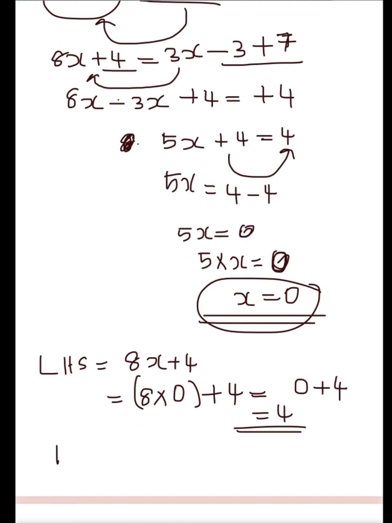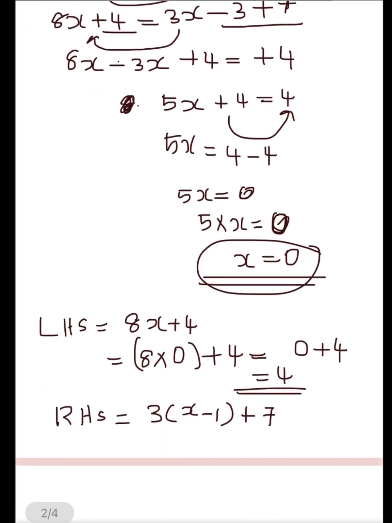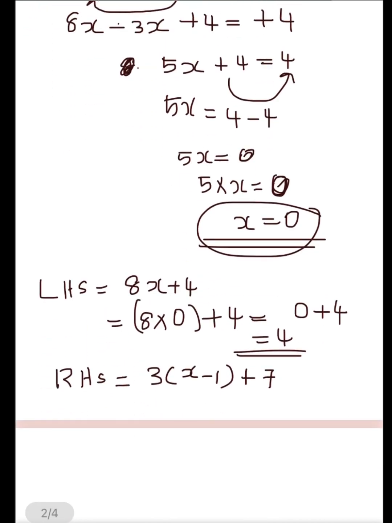What is RHS here? RHS is equal to 3 into x minus 1 plus 7. That means that is equal to 3 into, what is x? X you got as 0.